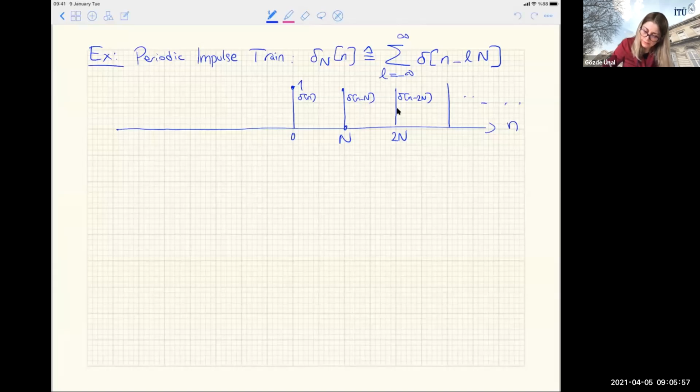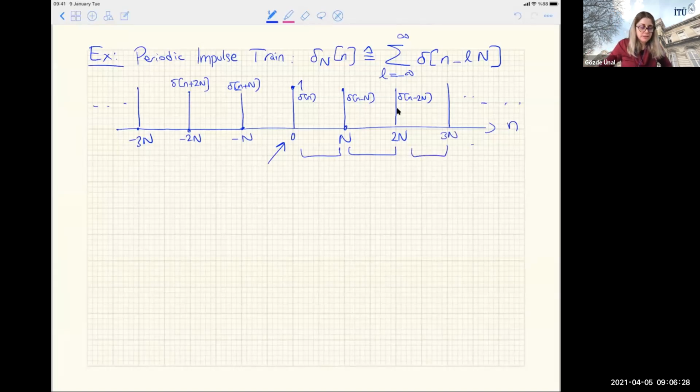And on the negative side, the same thing. This is delta of n plus N, etc. So this is called an impulse train, meaning an impulse function repeating itself every N samples.